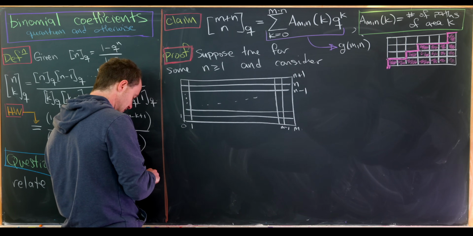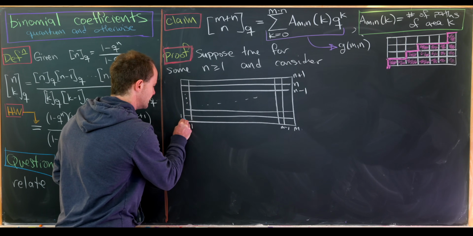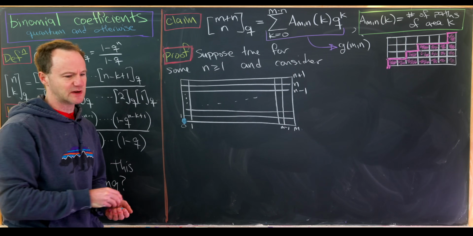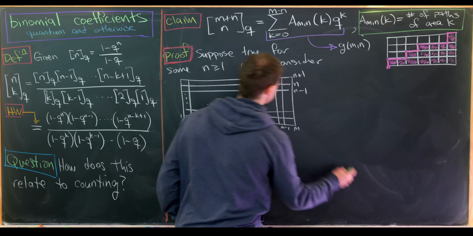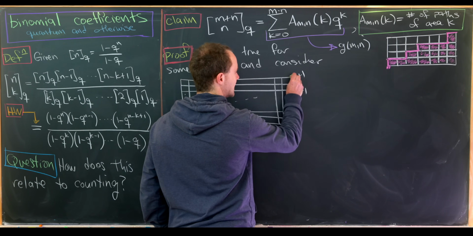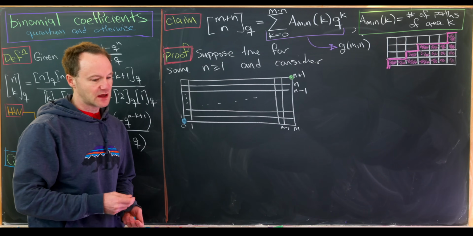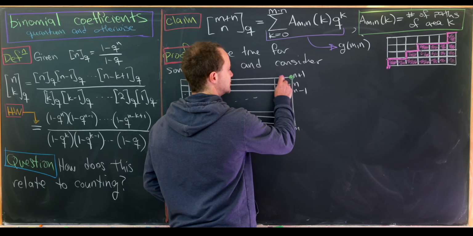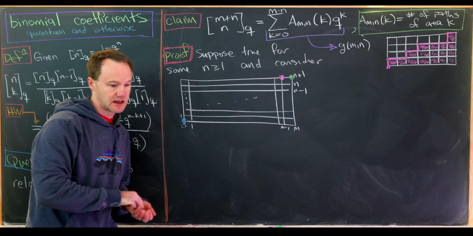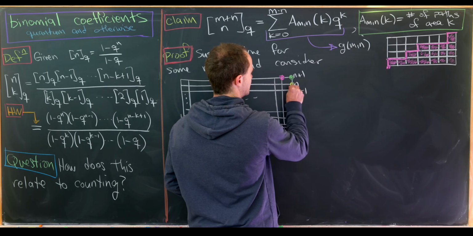So let's maybe label this origin in blue, just so that we've got some nice notation. And then let's label this goal point at the end in green. Okay, and then furthermore, I'm going to label this point right here in magenta and this point right here in yellow.